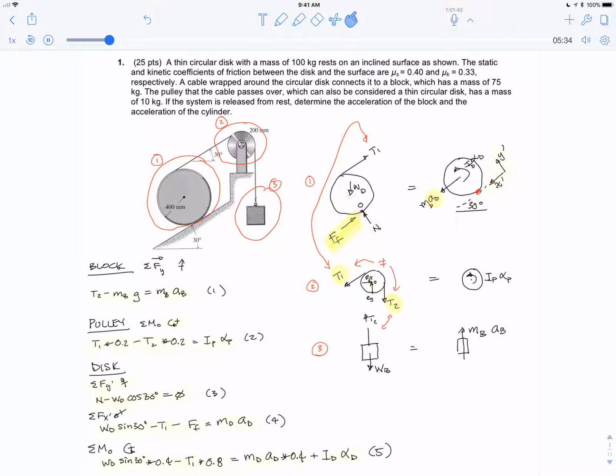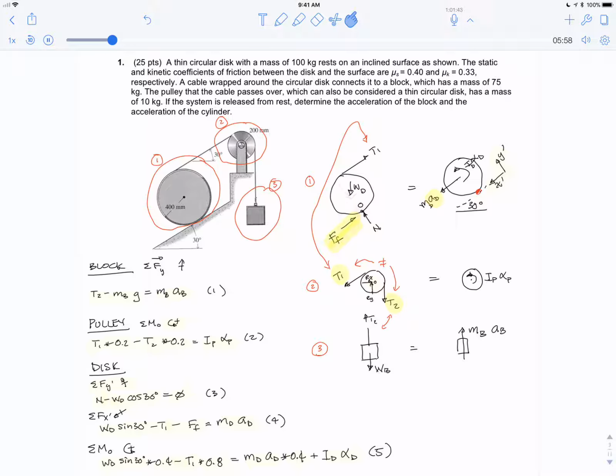Okay, so all we need to do is go through these free body diagrams and get equations. Quickly, just looking at it, it looks like I'll take the y components of the block. I'll take moments about the center of the pulley so that I don't involve those Rx and Ry reactions. And that disc will do three equations, x, y, and moment.